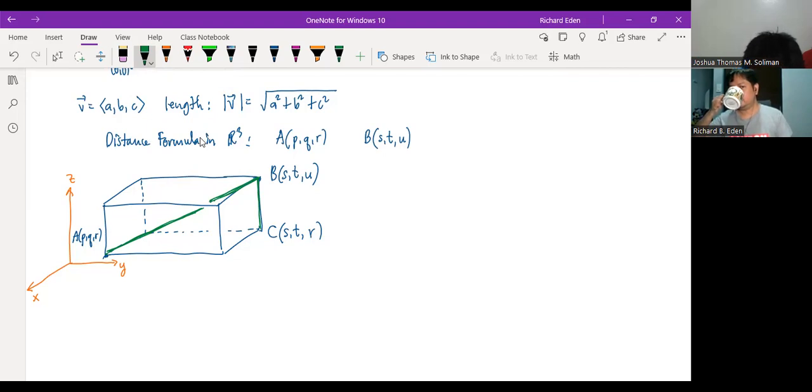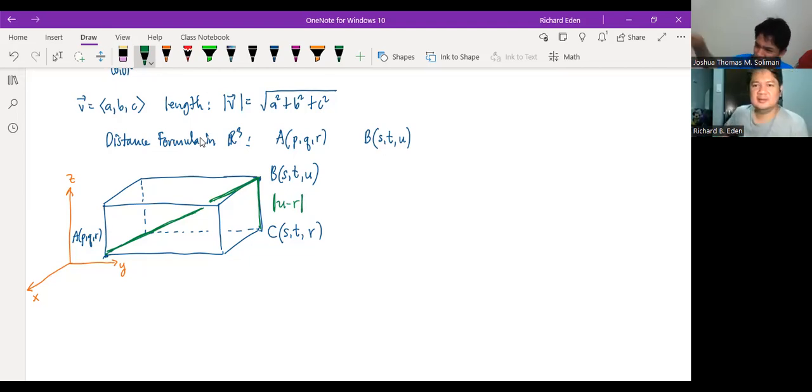U minus... U minus V po. Ay, R pala. R. Okay, U minus R. All right. Well, U minus R because U is above point C. Naalala ko po ulit eh. Dati po, this was already na ano ko po sa FCC po, yung close packing ng spheres po.